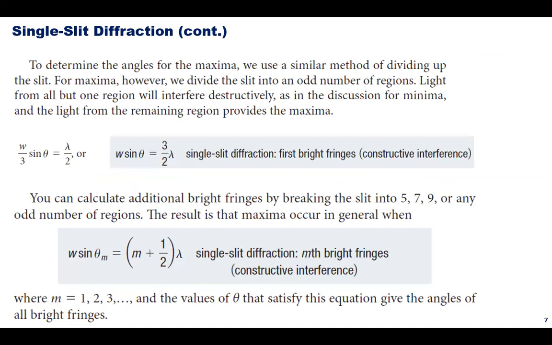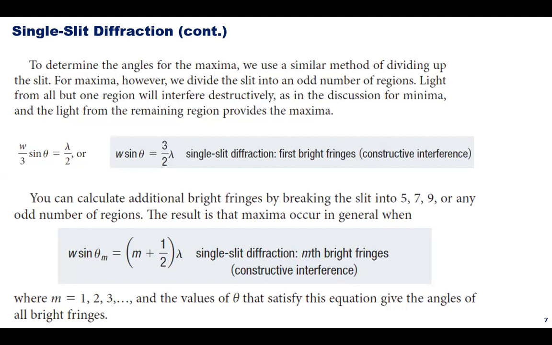We use a similar method. Divide the slit into three regions. For example, in the equation for destructive interference of two of the regions, the effective slit width for each region is a third of W. Then we have the path length difference is a half wavelength as always.